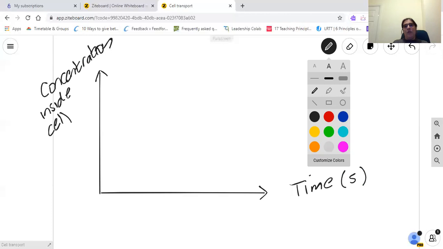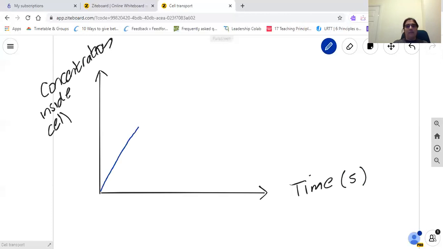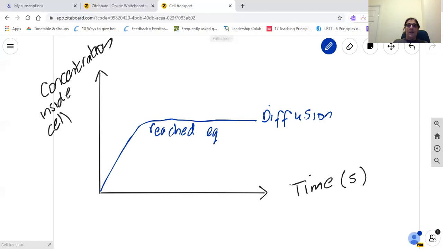And you might get a graph that looks like this, and then levels off. And that would be the diffusion graph, because the reason it levels off is we have reached equilibrium, 50% of it on each side.